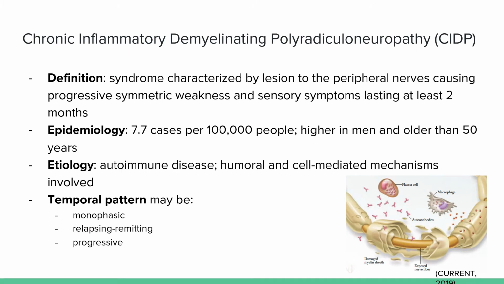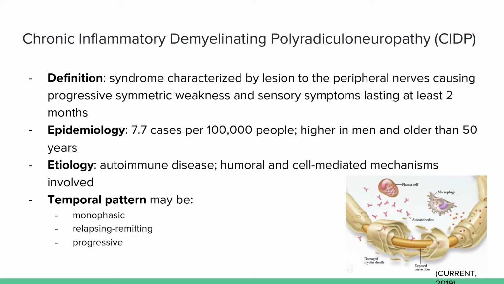Chronic inflammatory demyelinating polyradiculoneuropathy is a syndrome characterized by lesion to the peripheral nerves, causing progressive, symmetric weakness and sensory symptoms lasting at least 2 months. The epidemiology is 7.7 cases per 100,000 people, with a higher incidence in men and people older than 50 years.